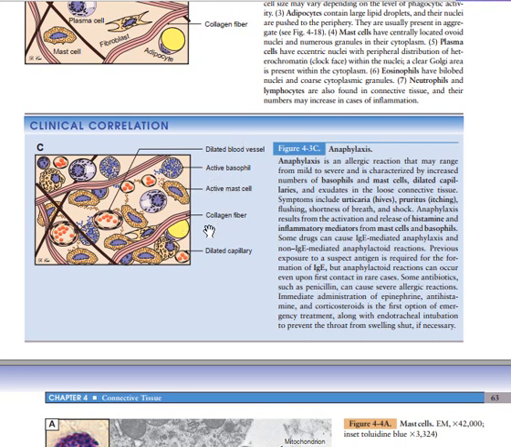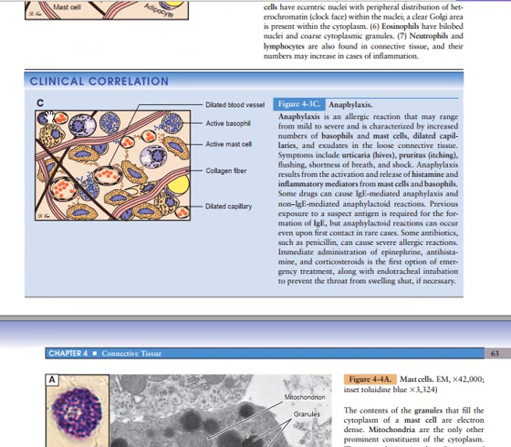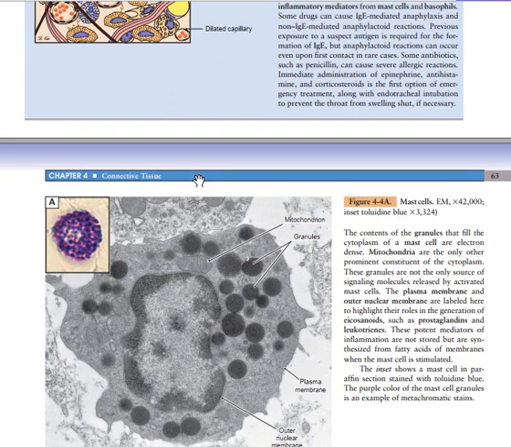We have collagen fibers. They can be seen, but that's not the peculiarity. The peculiarity, you have also dilated cells. So all this can be seen in anaphylaxis, mostly active basophils, active mast cells.